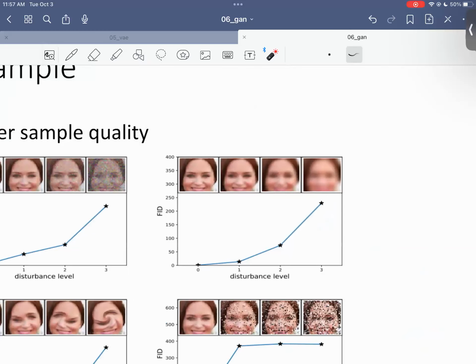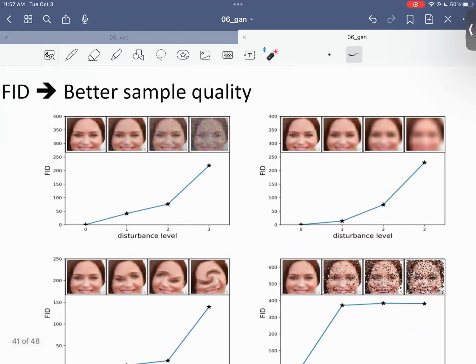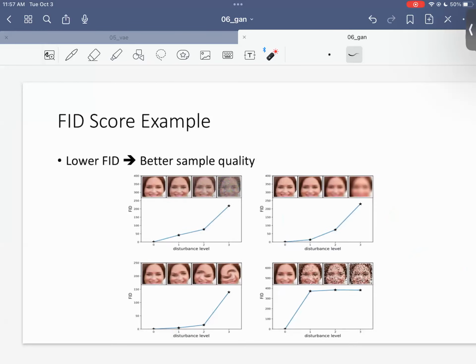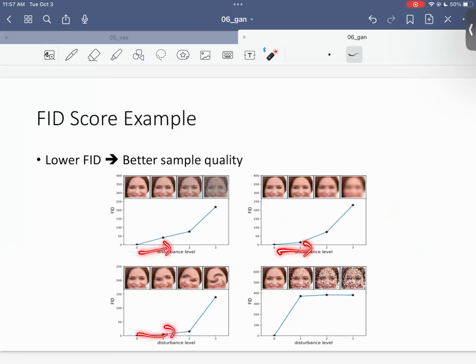And the same with blurriness, the same with salt and pepper noise, and the same with distortion. As you increase the disturbance level, FID score will always increase. That's the strongly preferred property of FID, because it correlates well with your visual perception. So that's FID score.